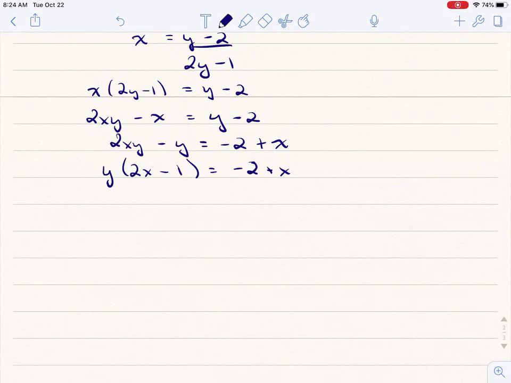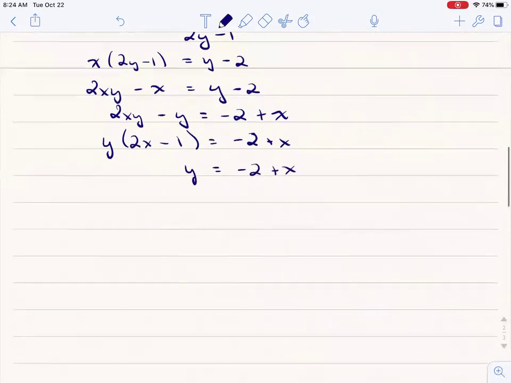Now I can divide both sides. So I get y is negative 2 plus x, or x minus 2, it doesn't matter, over 2x minus 1.